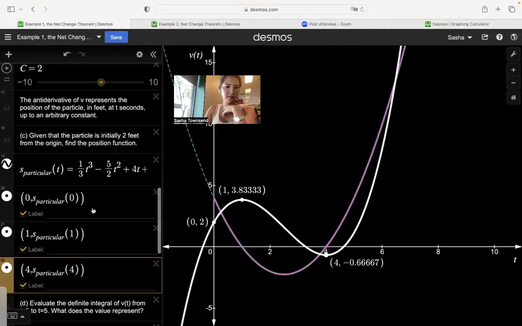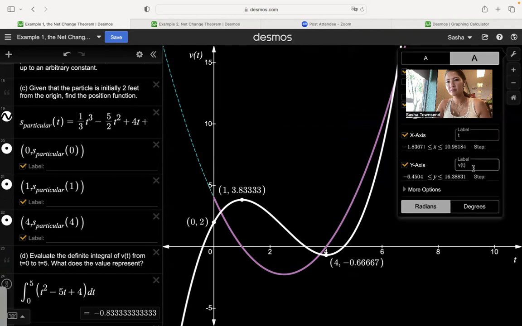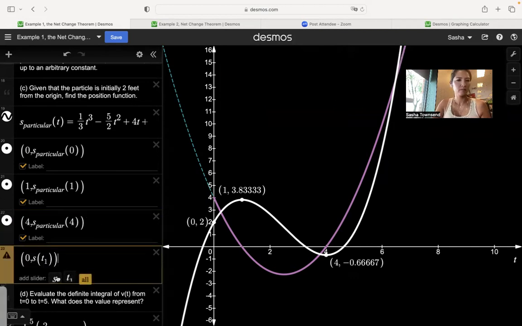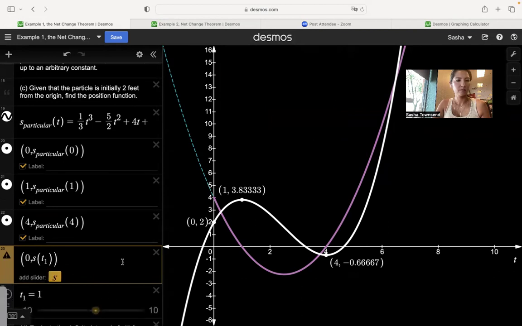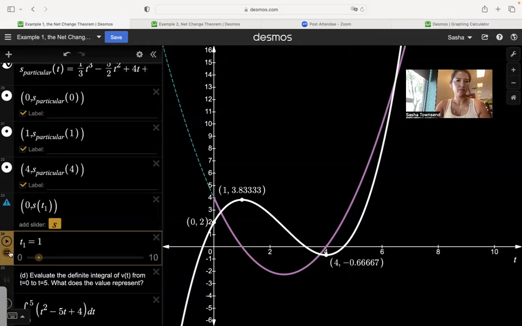Guess we could plot that on this graph here. Let's graph it on the y-axis. Let's not label that anymore. I don't know why it's having a problem with S of t.